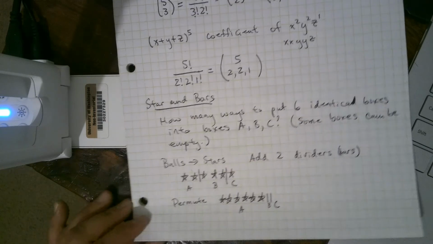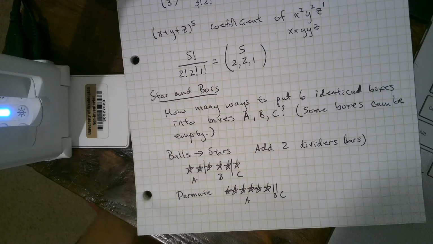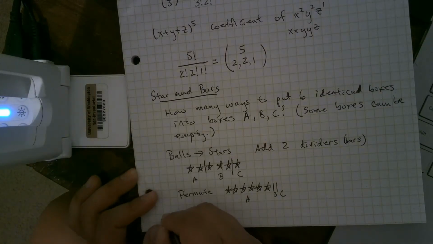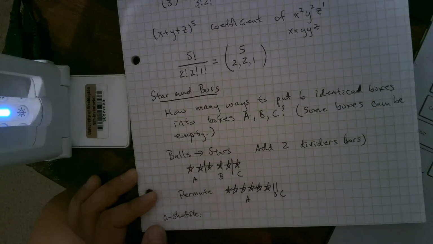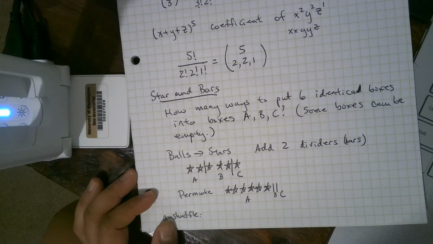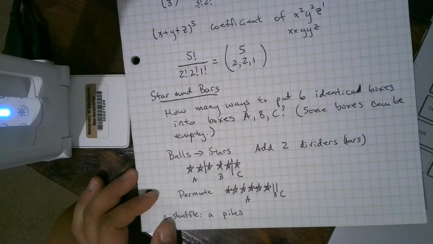And then we know how to count the number of those permutations. Here, in our A shuffle, which is what they're talking about in this section, we have A piles of cards.